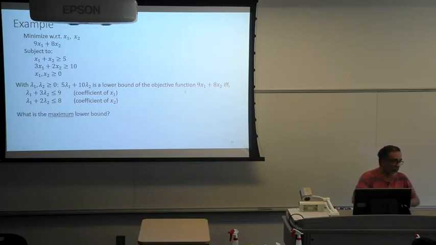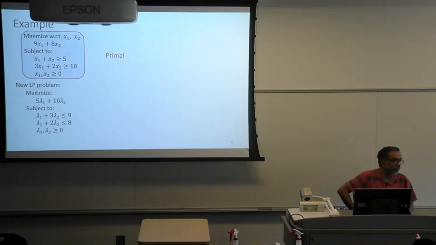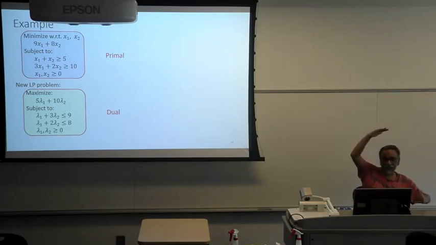And now, what is the maximum lower bound? I want to maximize this: 5 lambda 1 plus 10 lambda 2. And these are my constraints. That's the objective function. So this is the primal, that's the dual. And you can see several things.